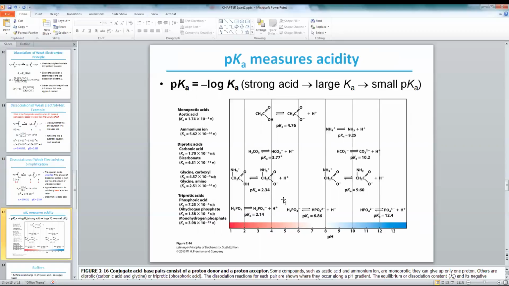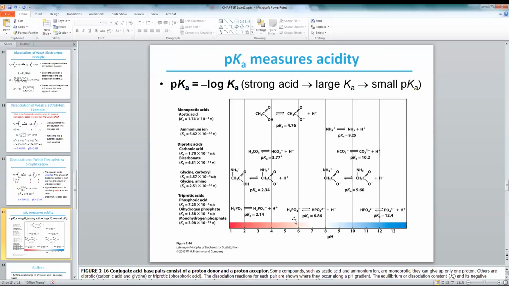And so if we look at a couple of examples here, we have monoprotic acids like acetic acid. That has a pKa of 4.76. And so we know that's a relatively weak acid, especially if we compare it to, say, H3PO4, the first of its pKa's, which is 2.14. Notice, because it's a polyprotic acid, it can actually give up more than one hydrogen.